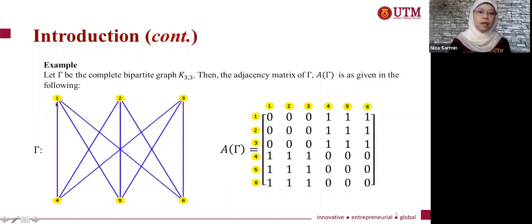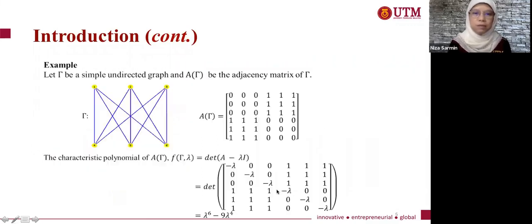You see that there is an edge from 1 to 4, 5, and 6. So from 1 to 4, 5, and 6, you see all the ones, and 1 is not connected to 2 or 3. So from 1 to 2 and 3 are 0, and likewise. So you can see that this is also a symmetric matrix.